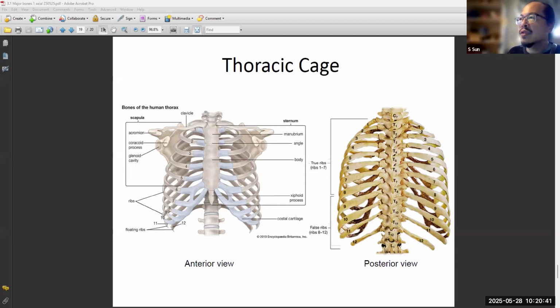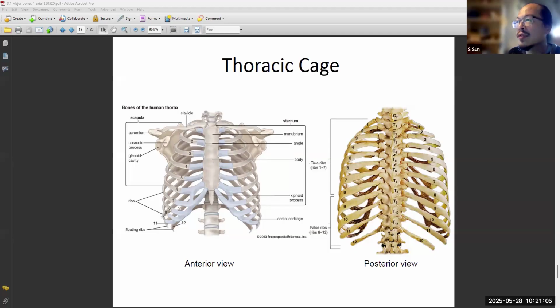Rib 1 to rib 7 directly join the sternum. 8, 9, 10 will fuse and then join with the 7 to the sternum. 11, 12 do not. So we call 11, 12 the floating ribs.